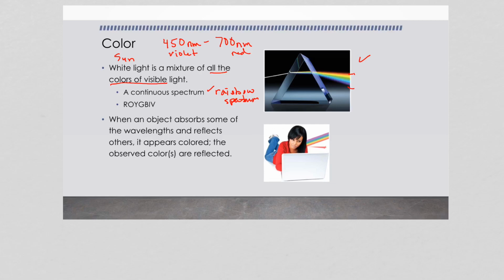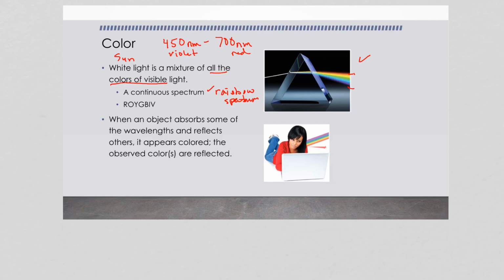Well, when an object absorbs light, that means it reflects some of the wavelengths of light, and it absorbs other ones. So if some object, because of what it's made of, or the chemical dyes that it has inside of it, those dyes are just chemicals that absorb certain wavelengths of light.